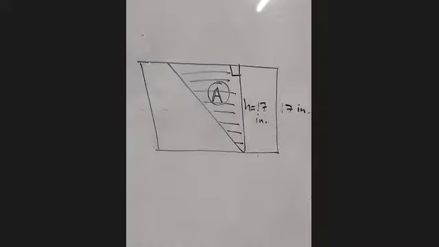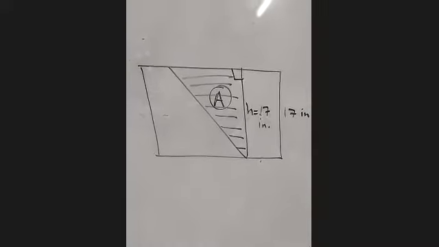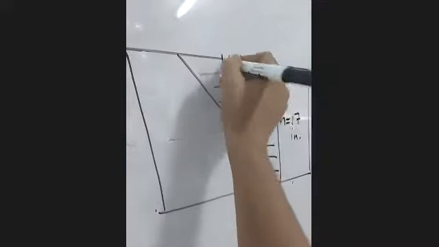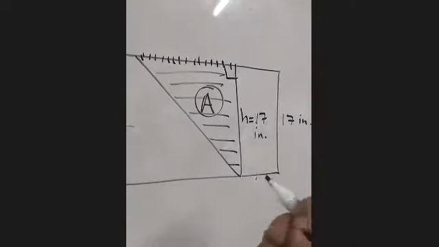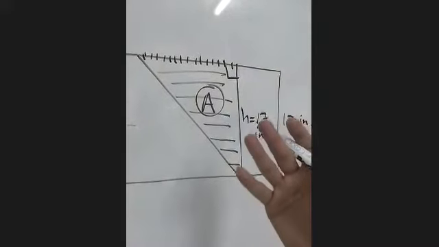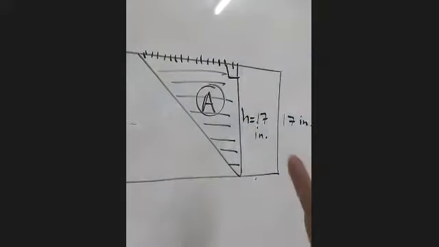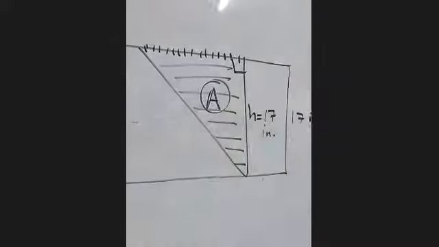Is there any problem to find the height? No. Now what do we need to find the area also? The base. This is the base, right? This part is the base, right? How much is this part here? 7.